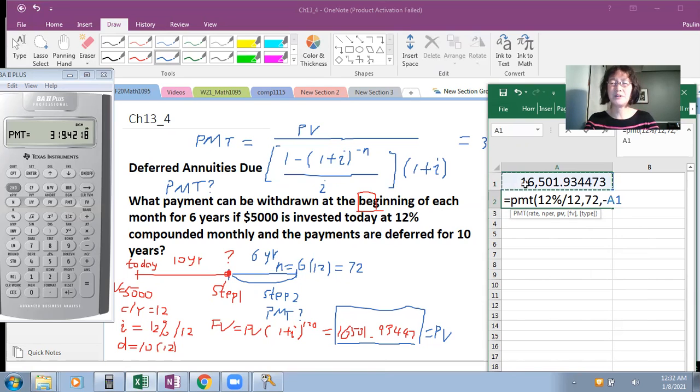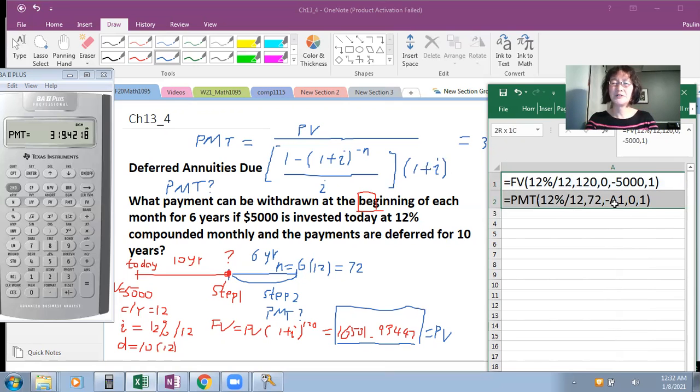So this number is present value. FV is 0, type 1. 1 represents beginning of the period. Okay. So see, you get this number. Okay. So this is the formula I entered. Okay. So maybe I want to copy this.